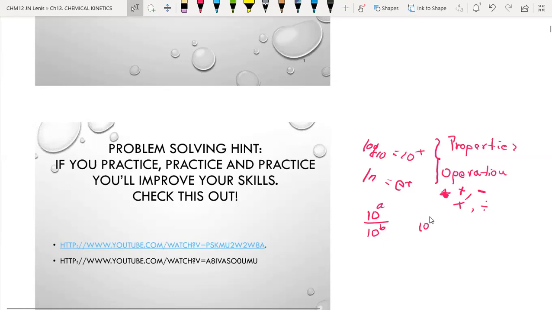Those are the most basic operations. 10 to the a times 10 to the b. Fractions also. Fractions are very important, and we are going to use those a lot.